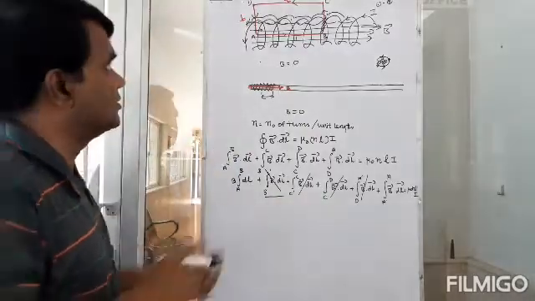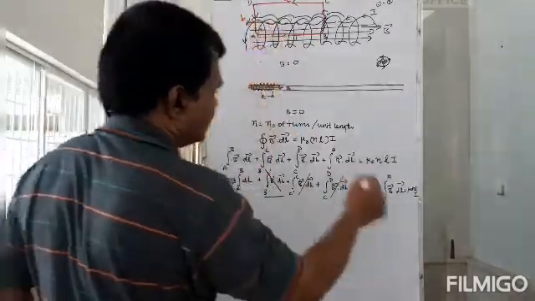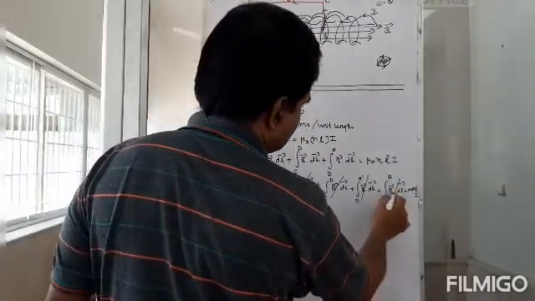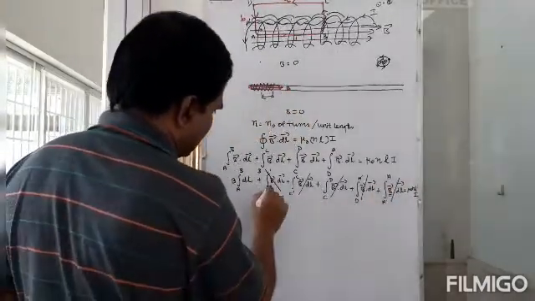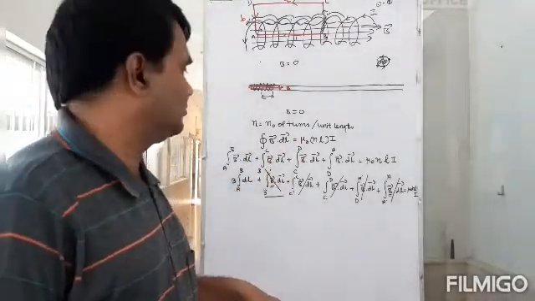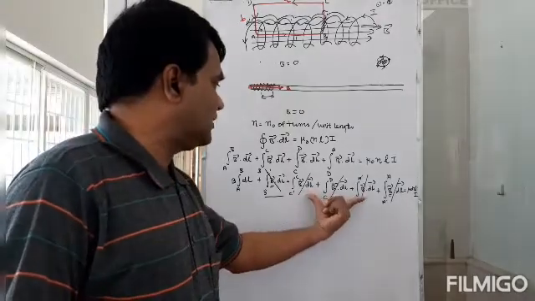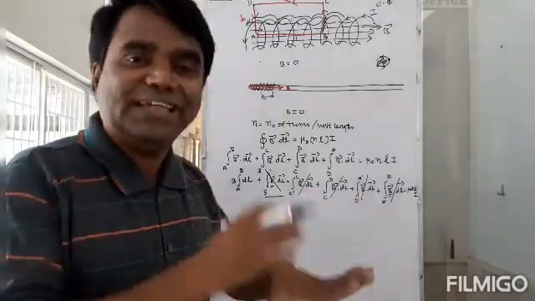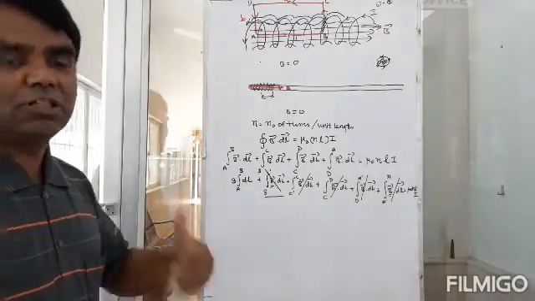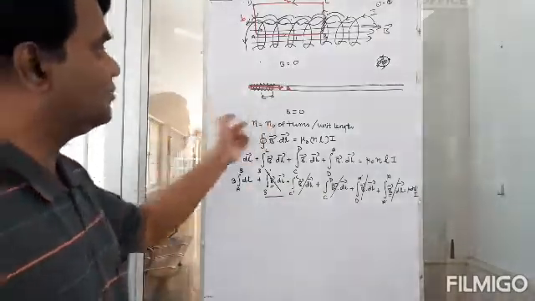So cos 90 is 0, so this also will become 0. Here also you have B, it will still be 0 because B and DL are perpendicular to each other. But at all the other 3 places, B itself is 0, so they will contribute nothing to the B dot DL integral.